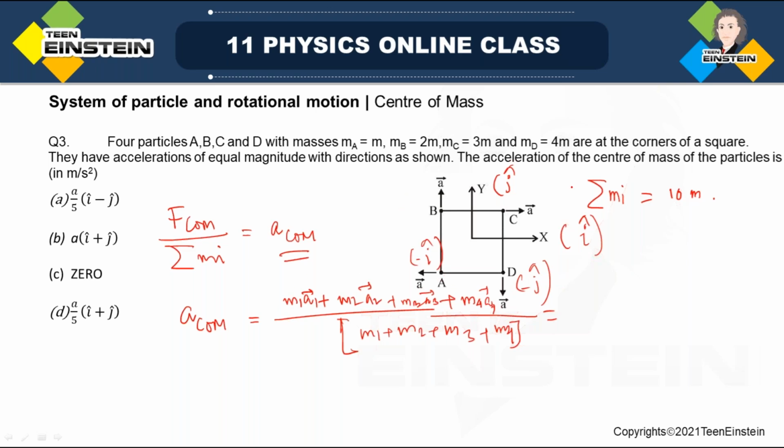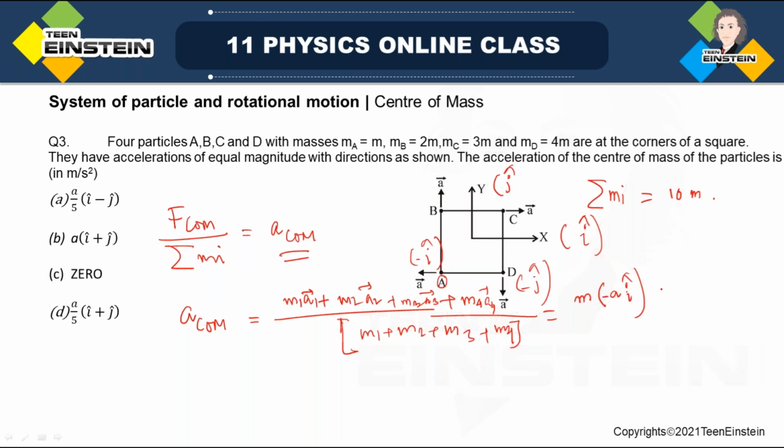See, look, this is a square. So let me write m1, which is small, m1 a1 is the acceleration. All of them have the same magnitude, but the direction is different, so I'll write a, minus i cap, for this one.